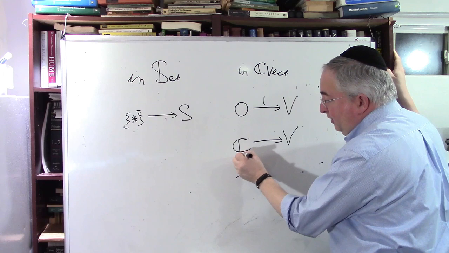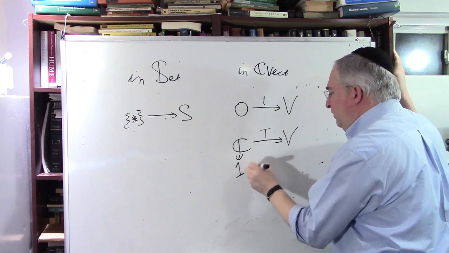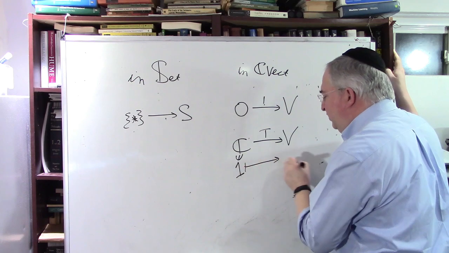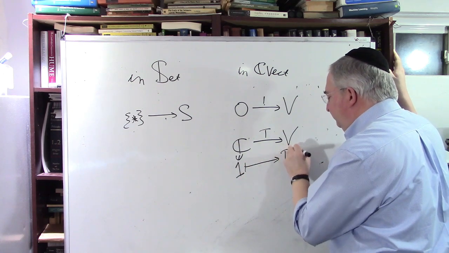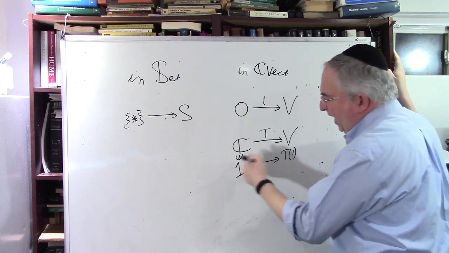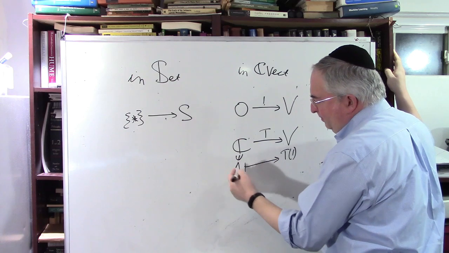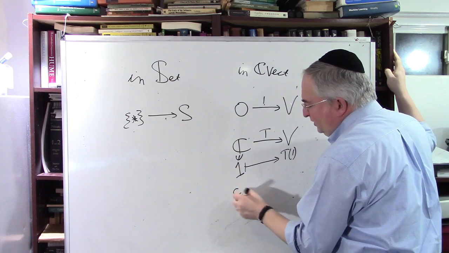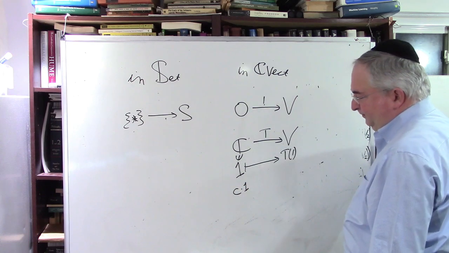That is a complex number, okay? And this 1 will go to T of 1. Now, take any other complex number C. You can think of that as C times 1.